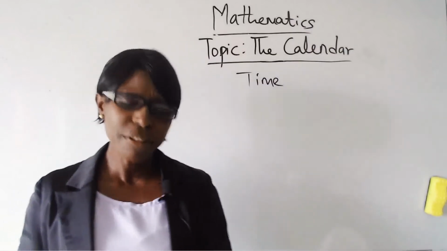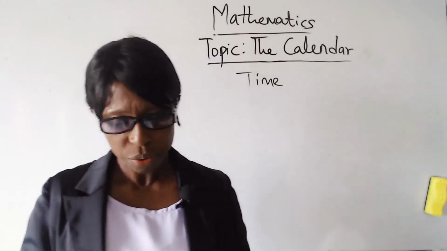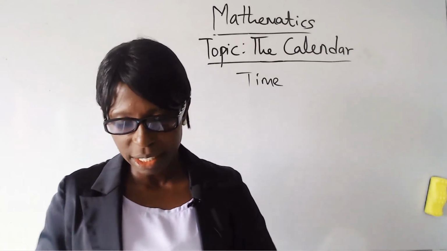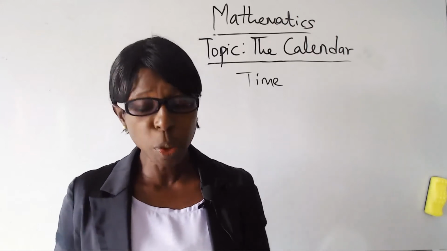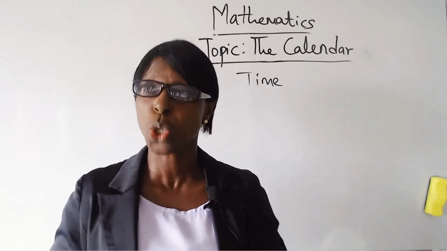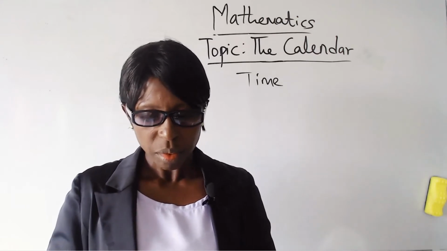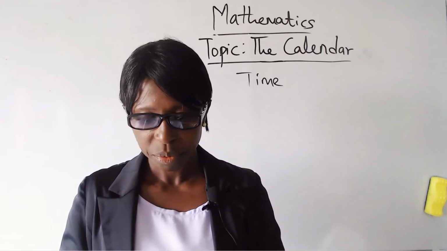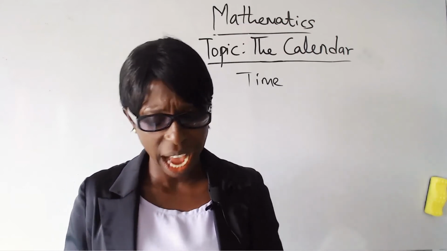Now, before we go into the lesson proper, we also learned from the previous lesson that we talk about time at o'clock. We treated time at minutes past the hour. We tell the time at half past the hour.